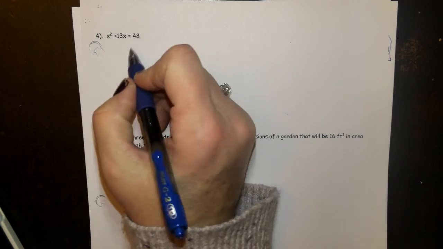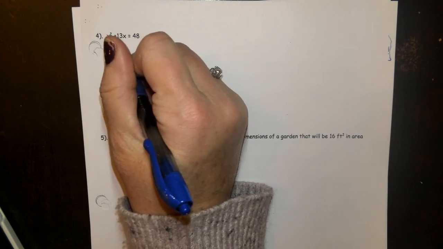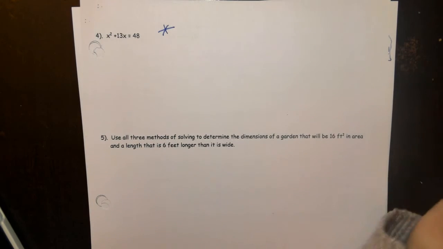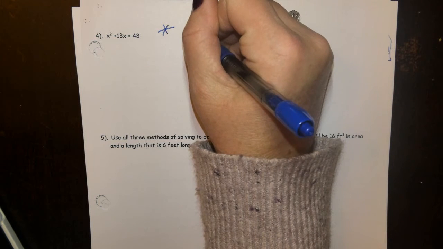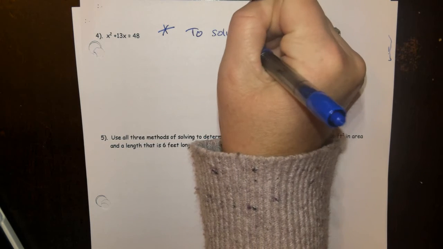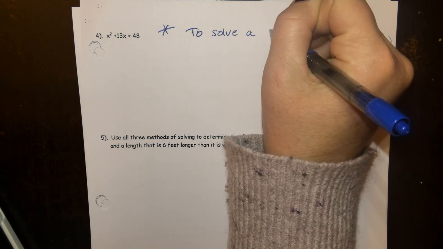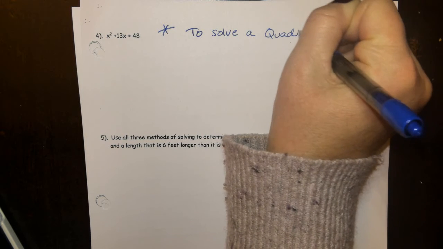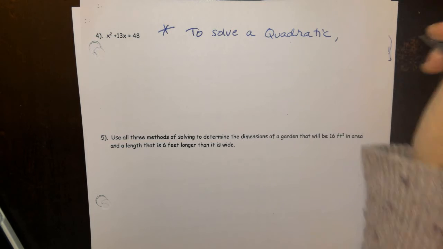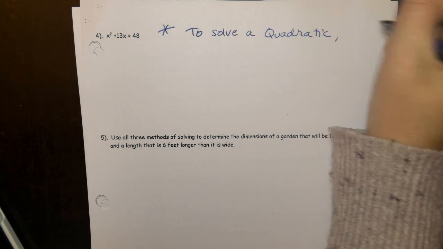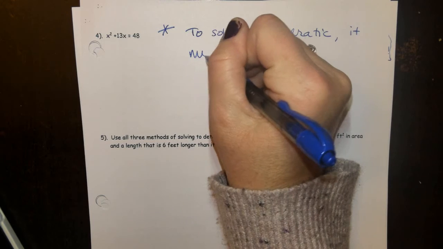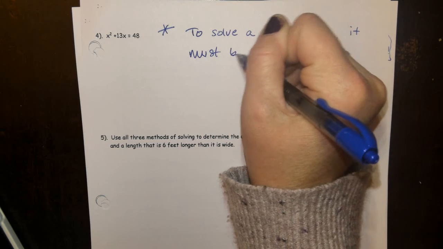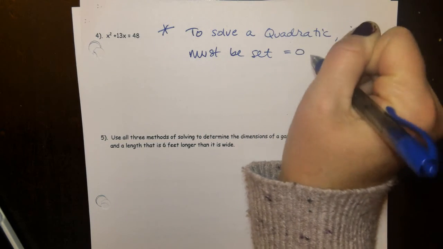I think I'm gonna let you do this one. So the biggest thing here that you might not have understood last week is to solve a quadratic by any method, by factoring, square root or quadratic formula, it must be set equal to 0.